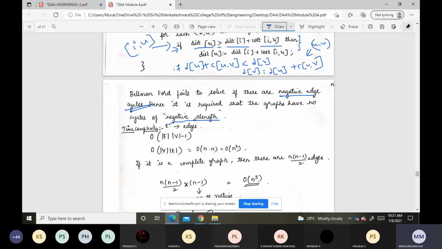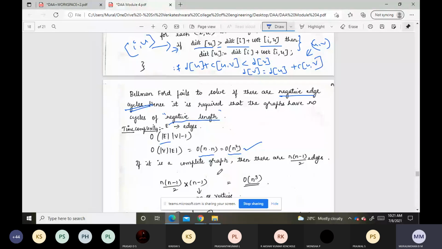Right? What is the time complexity? It depends on the number of edges and number of vertices minus one times we should do. So it is nothing but number of vertices and number of edges. So we are having n into n square with respect to a normal digraph.